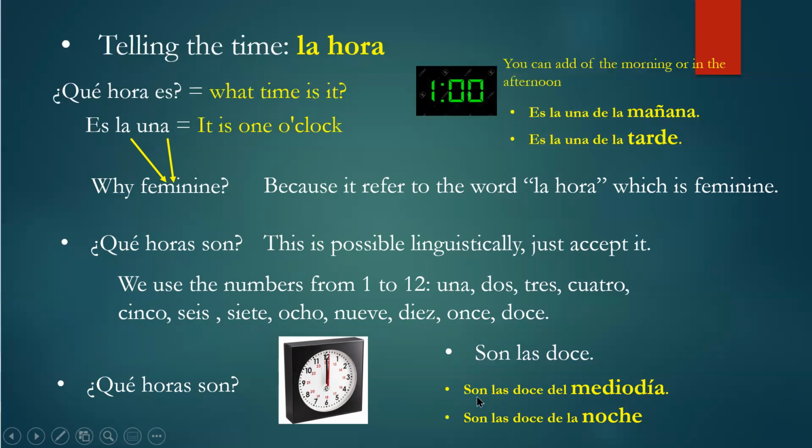That means it is 12 of noon. Mediodía, just noon. And if it was in the night, son las 12 de la noche. So remember these two too, del mediodía, de la noche.